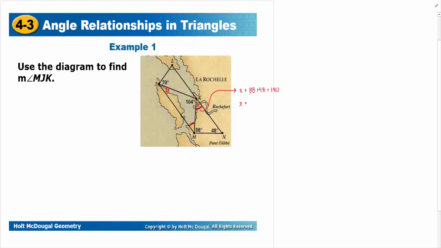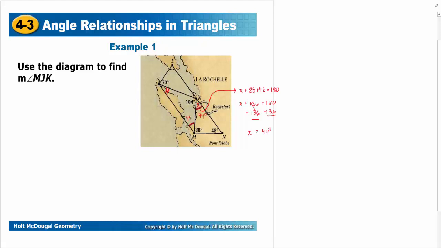Add 8 more, 128 plus 8 is 136. Okay, so X plus 136 is 180, so subtract 136 from both sides. So 36, that's 46, 56, 66, 76 is 40. 4 more is 44 degrees. So this angle here is 44.